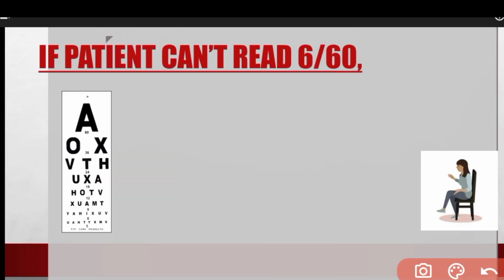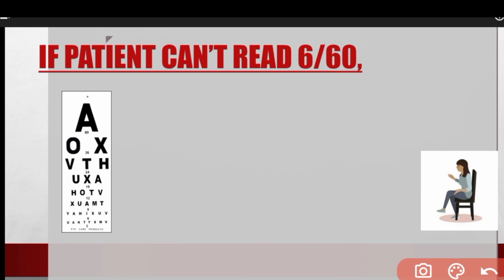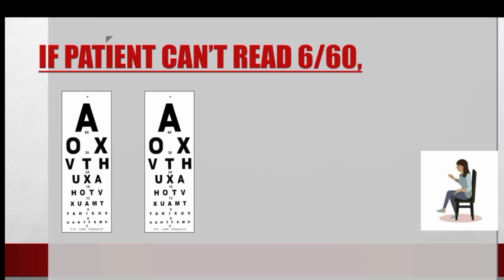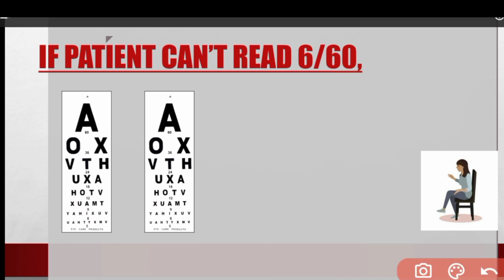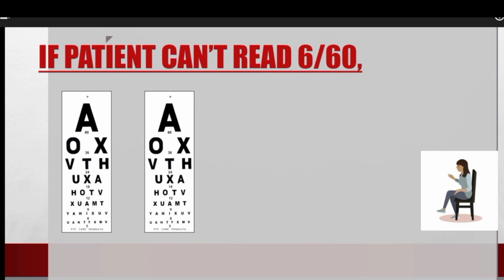Initially the distance between the patient and the visual acuity chart is 6 meters. Okay, but if at the 6 meter distance the patient cannot read the topmost letter or the biggest letter of the chart, then we need to decrease the distance to 5 meters. Okay, meaning the distance from this chart to this patient is now 5 meters.